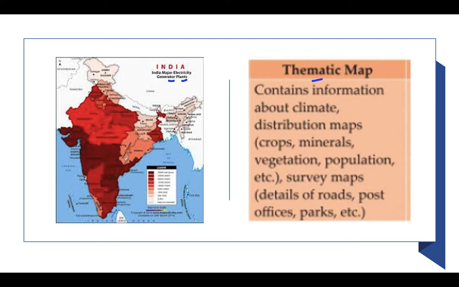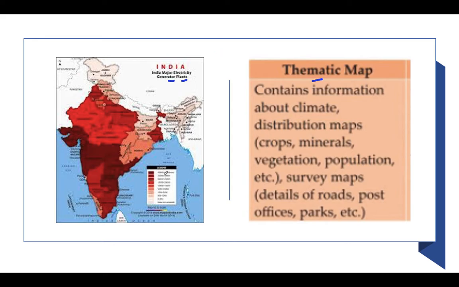There are various types of maps in thematic maps also. Many maps show the climate, like how the climate in Jammu Kashmir is very cold, and in coastal areas it's moderate. Or the crops, like in the Maharashtra Gujarat part, the soil is very fertile and major crops like cotton and maize grow.